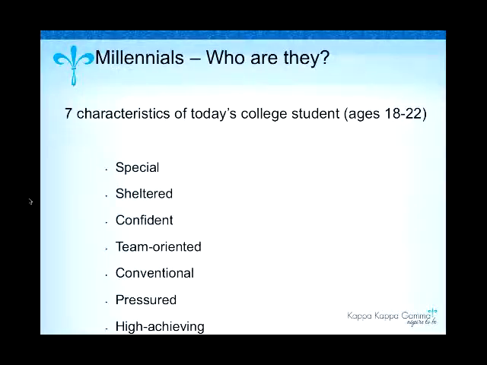And I think that's one of the areas, just looking at these 7 characteristics. And if anybody has any questions or comments, feel free to post them. But I think I've observed the high achieving play out with students.